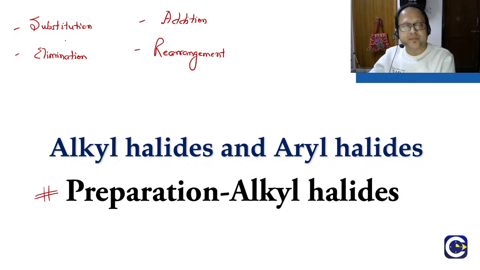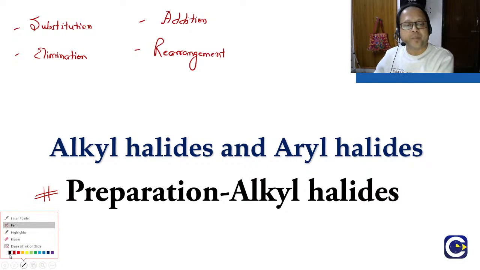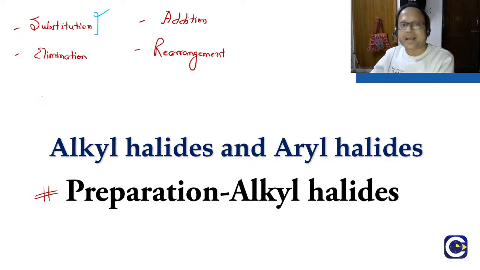Now see, substitution means you are replacing one atom by another atom, or one group of atoms by another group of atoms. So with this method, substitution, you can replace something by a halogen, and hence you can very well use substitution as one of the methods for preparation of alkyl halides, right? What about elimination? Can we use that also? Now think about it. Elimination means to remove something, to extract something.